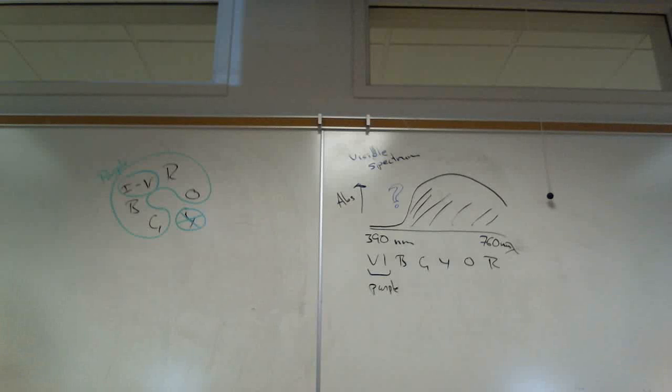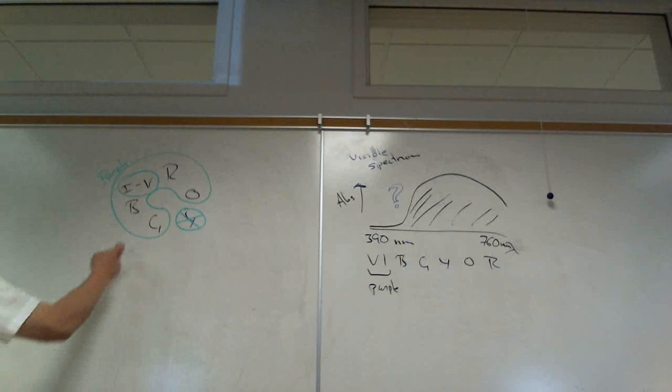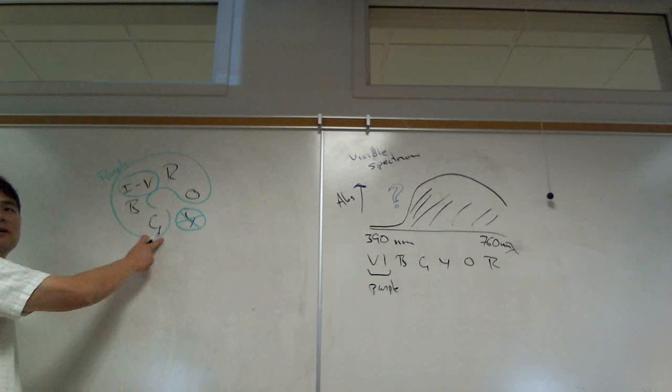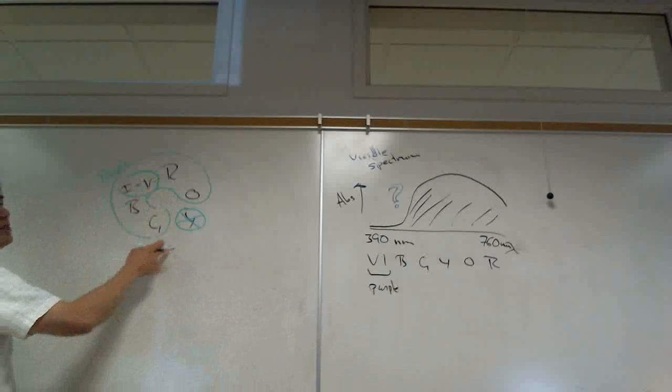Are you guys familiar with this? From Chem 1A? I talked about this with red food color. Red food color absorbed green. Around green appeared red. So this is one possibility.